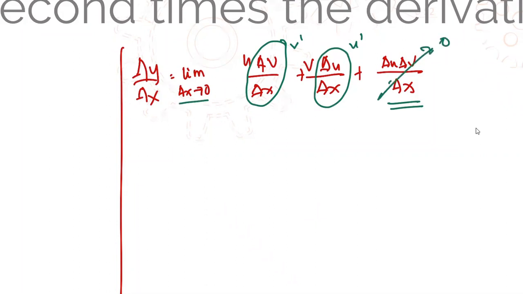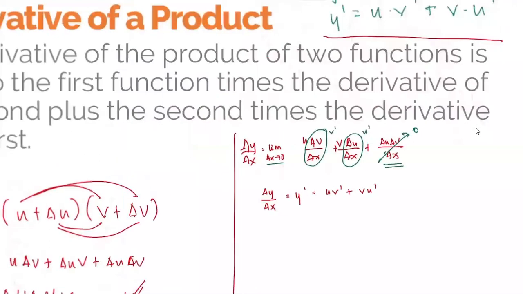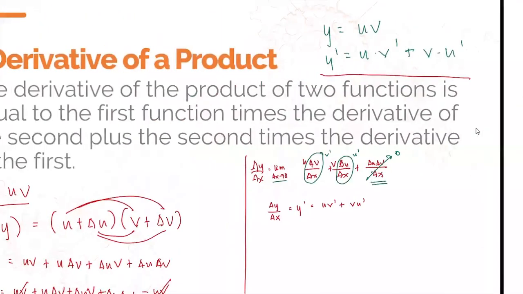So, yung last final equation natin, yung delta y over delta x is equals to y prime is equals to u v prime plus v u prime, which corresponds dun sa original equation na nilagay natin dito. Okay? So, para alam nyo lang kung saan nanggaling.